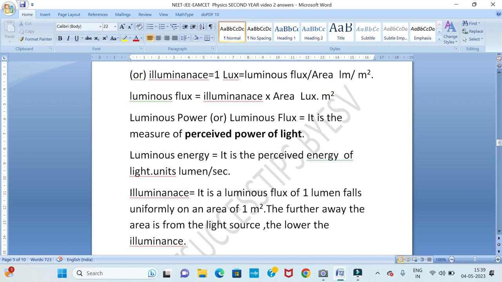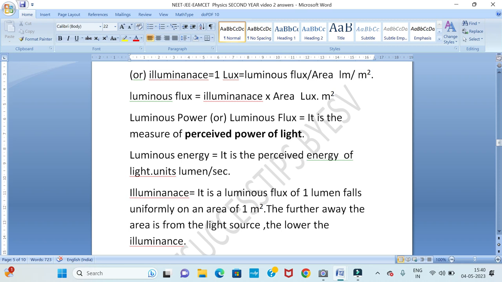So if the luminous flux of one lumen falls down, automatically illuminance also becomes lower. So illuminance is equal to 1 lux.